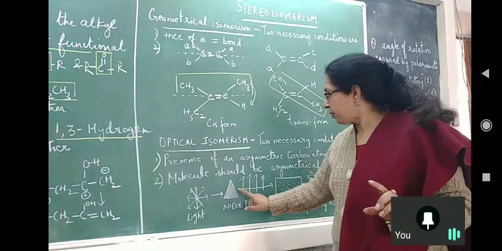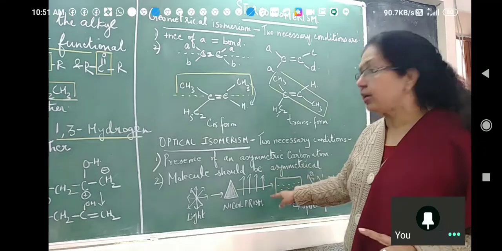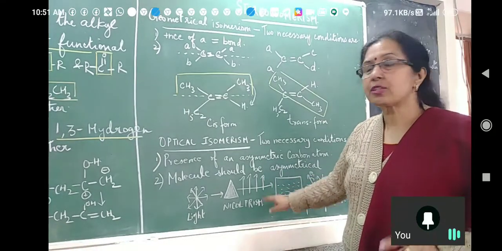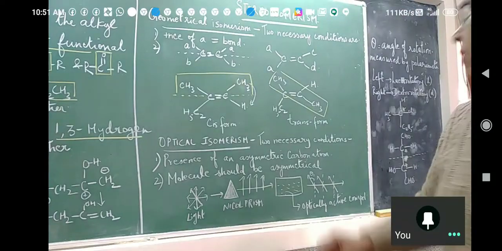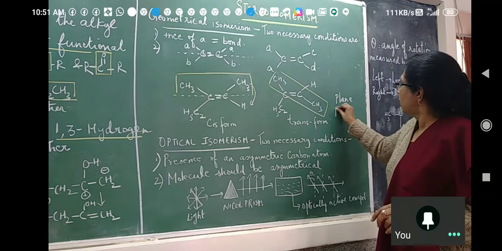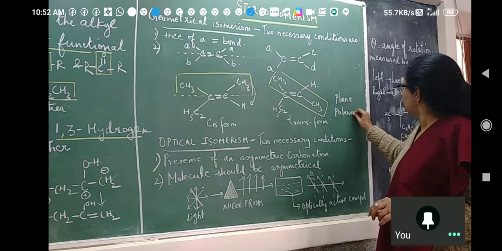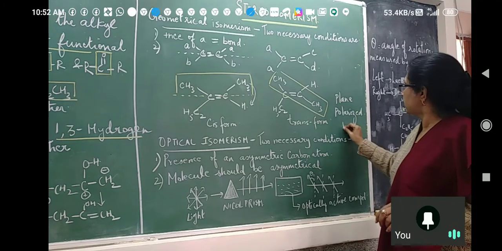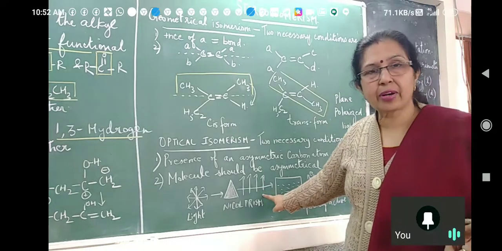So the light which comes out from the Nicol prism has vibrations only in one plane. This is known as plane polarized light.